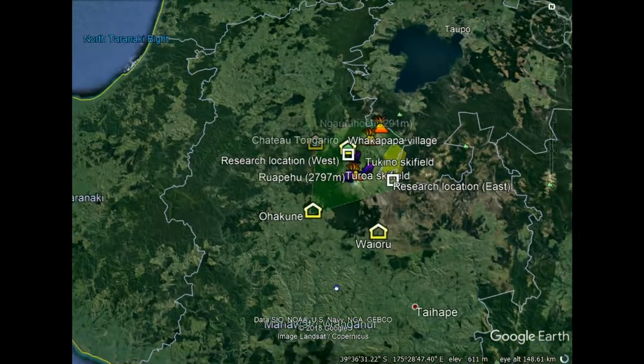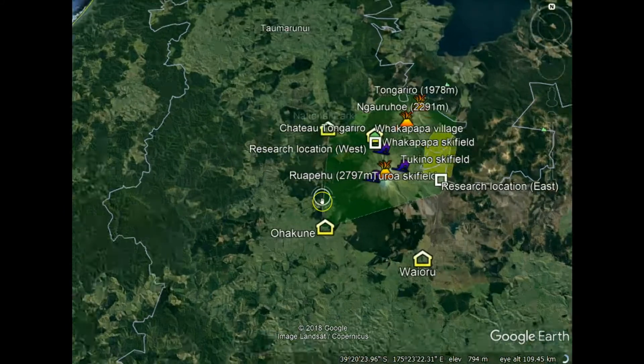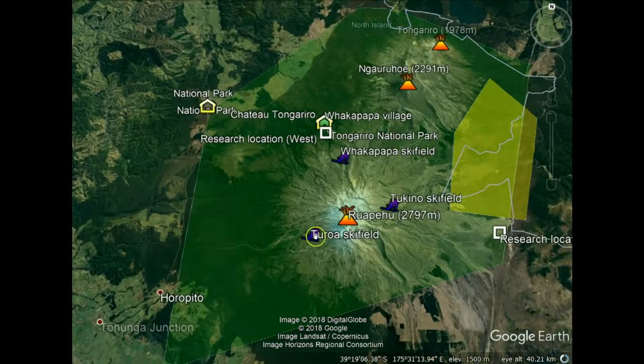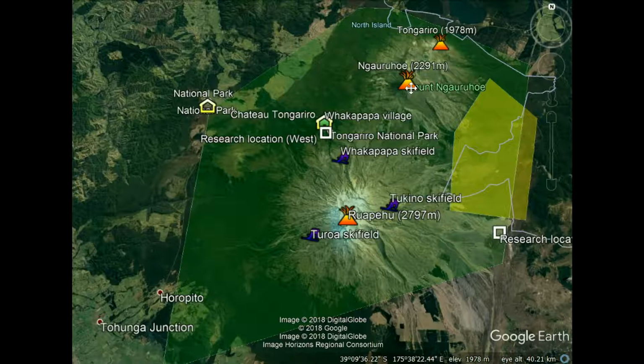Of course, when they get to Tongariro, the winds are forced up and over the highland. Don't forget, these are very high mountains. Mount Ruapehu is almost 3,000 meters high, and even Tongariro and Ngārahoe are around 2,000 meters high.